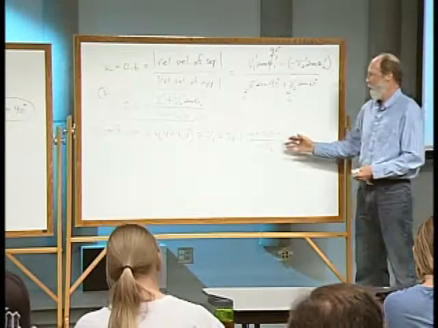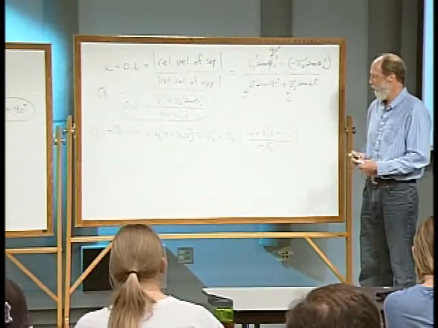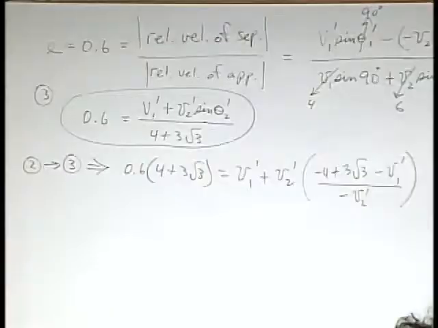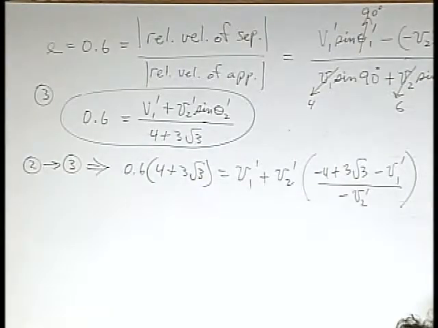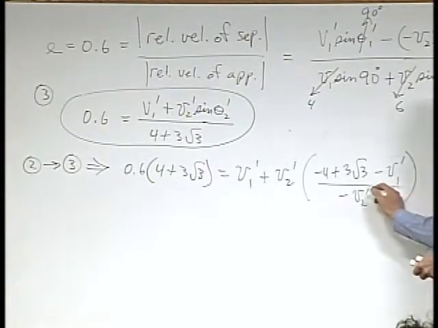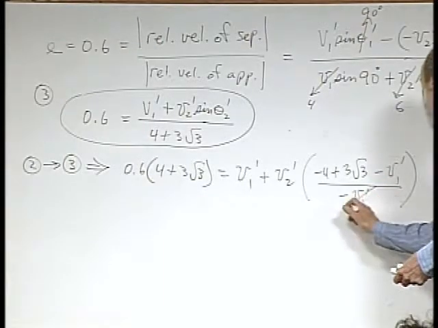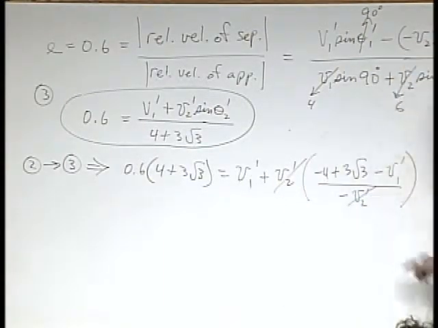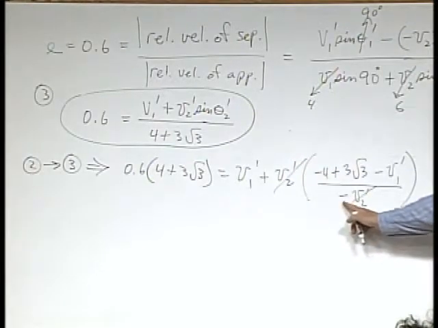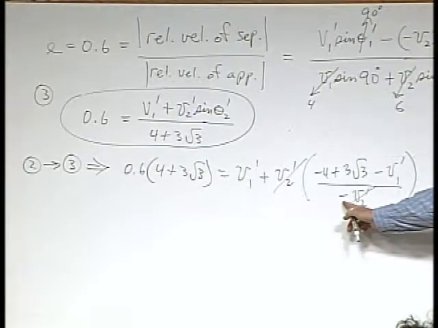And now we have an equation that only embodies the two velocity unknowns, two unknown velocities. Matter of fact, look at this right here. I like this. Disappears. Just be careful you don't forget that negative right there.